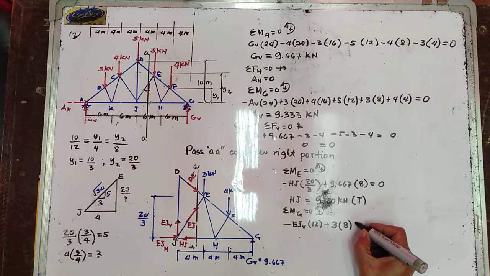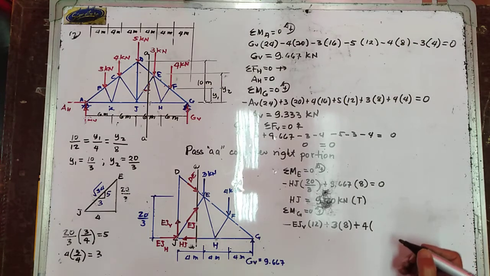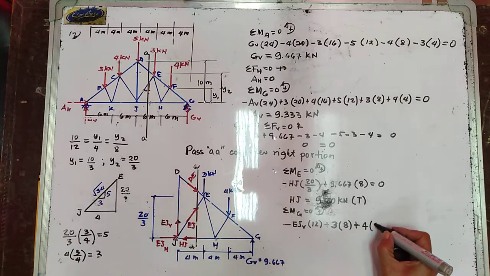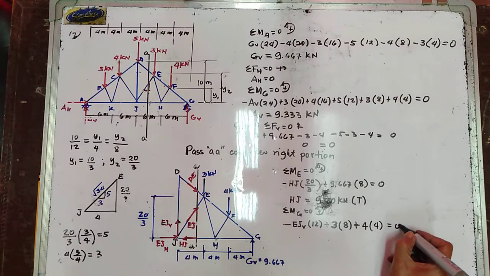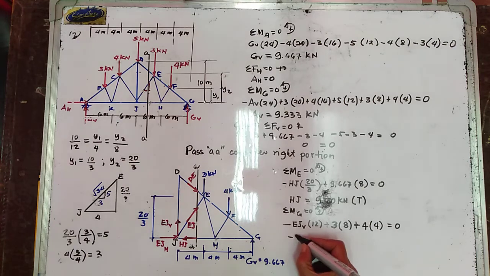And then plus 4, the moment arm is 4. And this one is equal to 0. So, your EJ vertical is minus EJ.